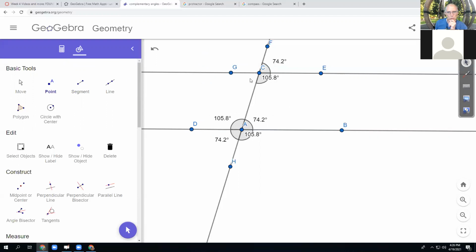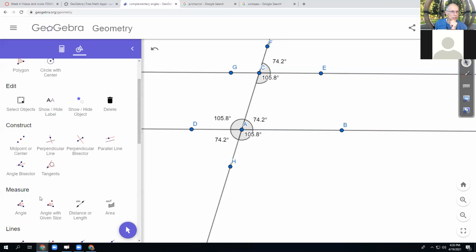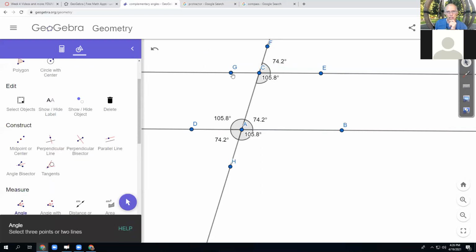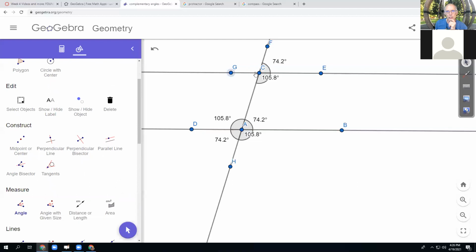And the reason I knew something was wrong is those angles weren't lining up to what I thought they should. Anybody have an observation about the angles that you found based on your transversal of the parallel lines?